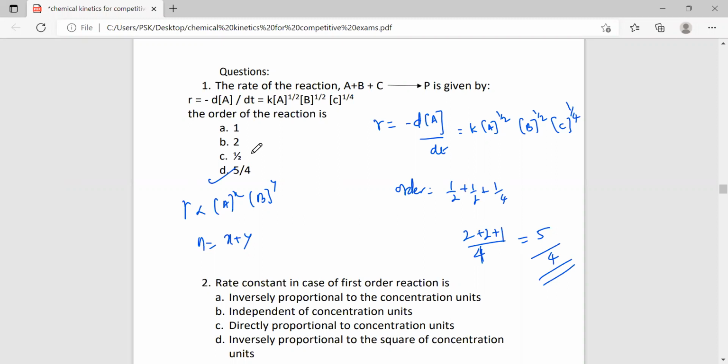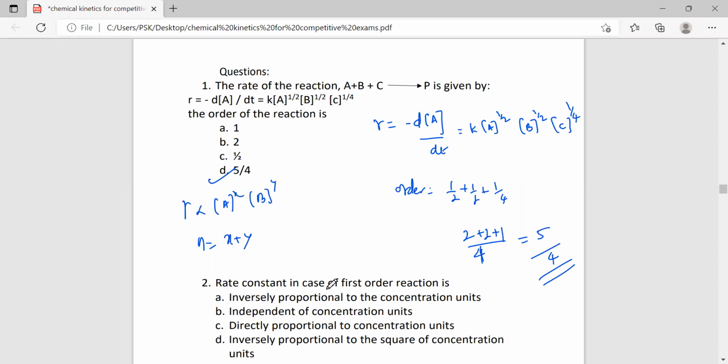Yes, sir. Now the next one: the rate constant in case of first order reaction is inversely proportional to concentration units, independent of concentration units, directly proportional to the concentration units, or inversely proportional to the square of concentration of the units.